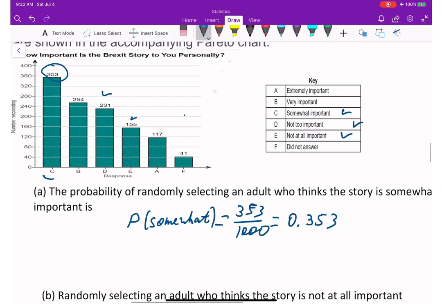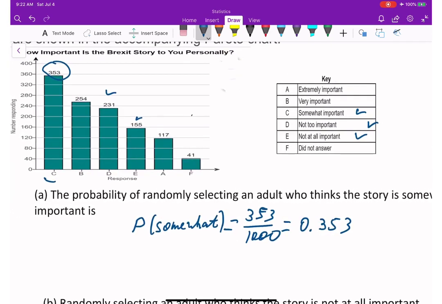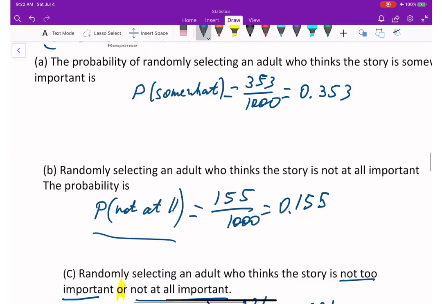Yeah, extremely important is A. For some reason I thought 353 is extremely important. Anyway, I didn't pay attention. It's going from right to left, letters. Okay, extremely important, here it is, 117.